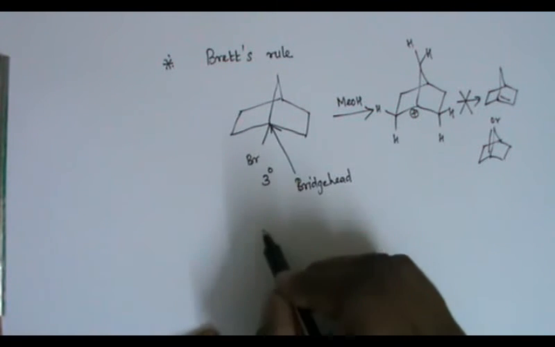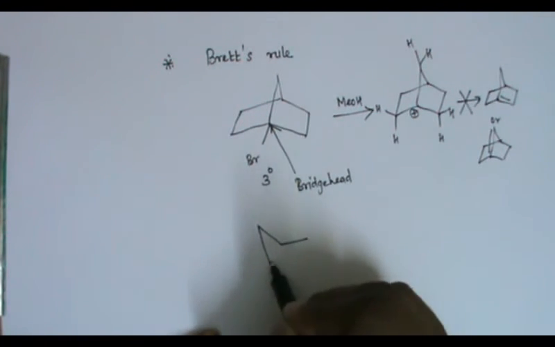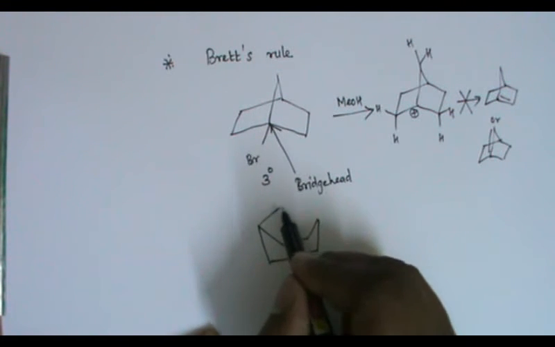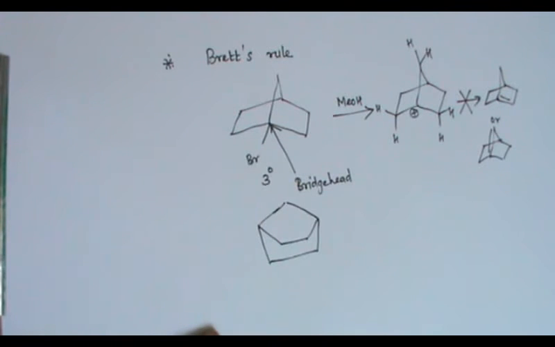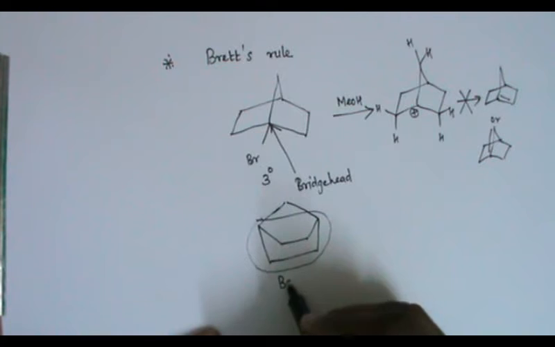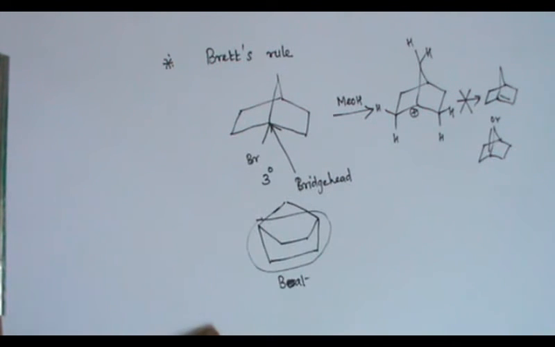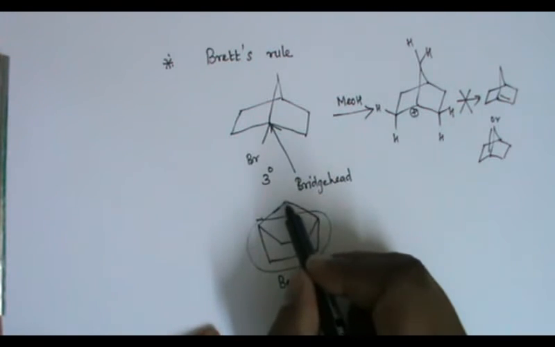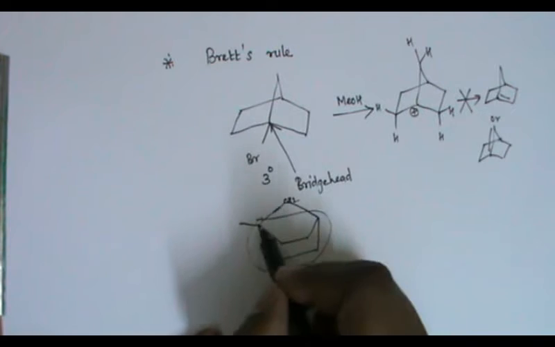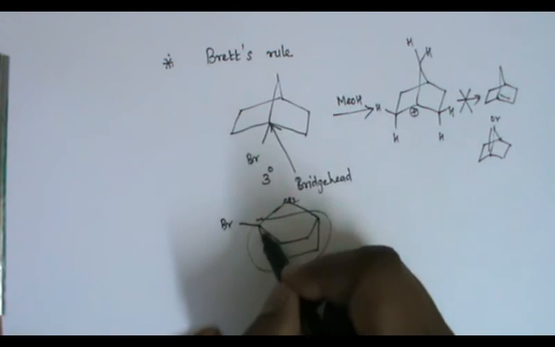The reason: this bicyclic system will be like this. Basically it is a boat conformation of cyclohexane, and these two are connected by a CH2. And we have hydrogen or bromide here. So that is the bridgehead carbon.